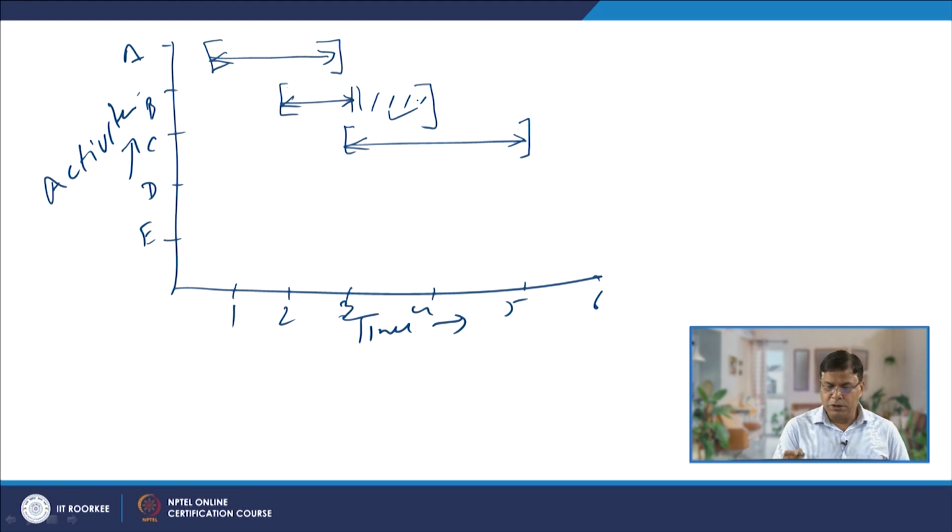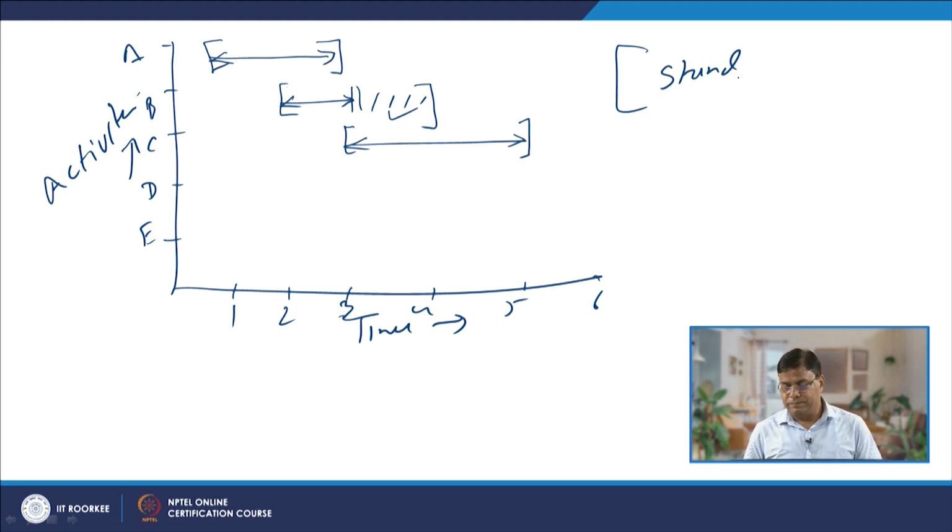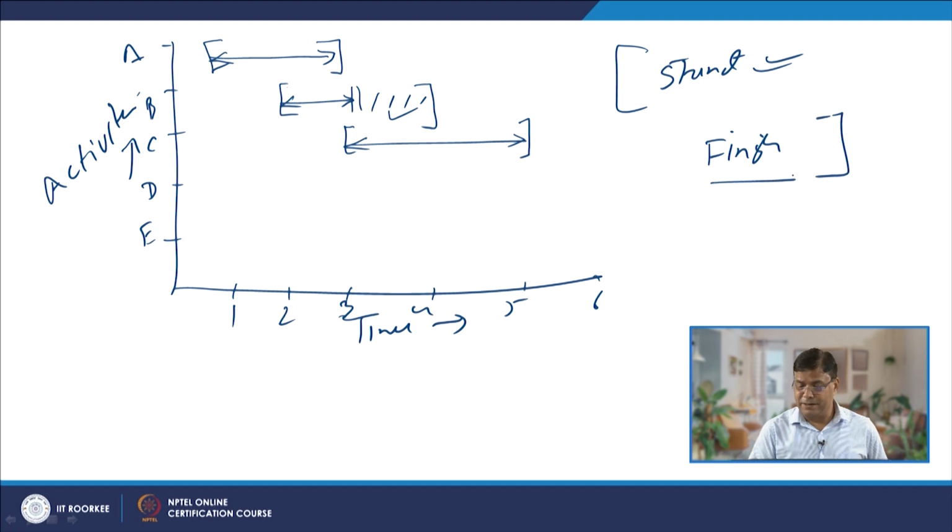The square bracket here shows the start of the activity, and the finish of the activity is indicated by this kind of sign.